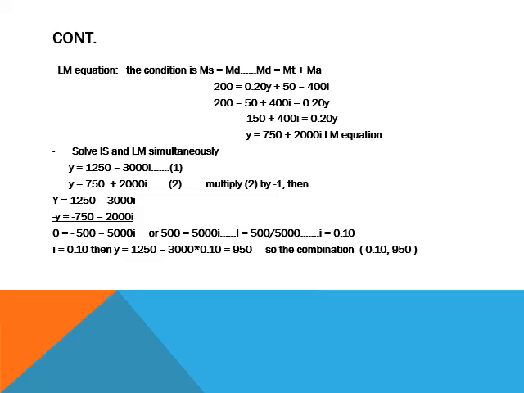By dividing each term by 0.20, the remainder is y equals 750 plus 2000i. This is the LM equation, where the relation between income and interest rate is positive.